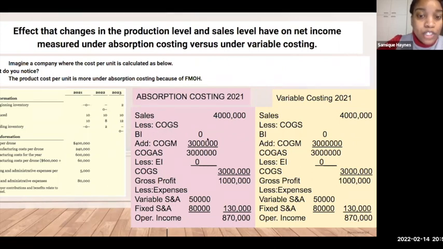We know beginning inventory is 0, and our cost of goods manufactured under absorption costing includes both direct materials, direct labor, plus all of our manufacturing overhead, fixed and variable. So what is our cost of goods manufactured? $240,000 per drone, and then fixed manufacturing costs for the year.